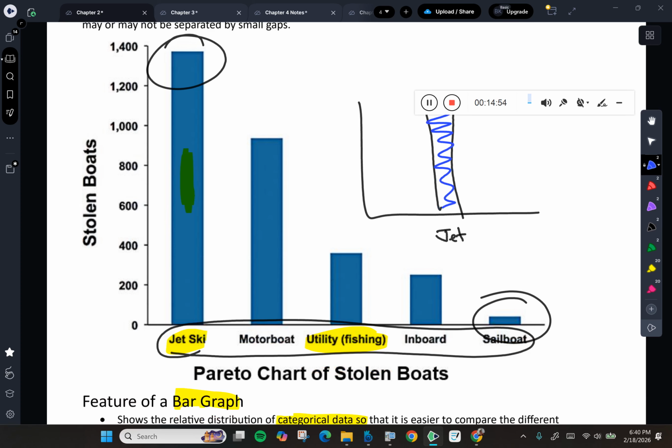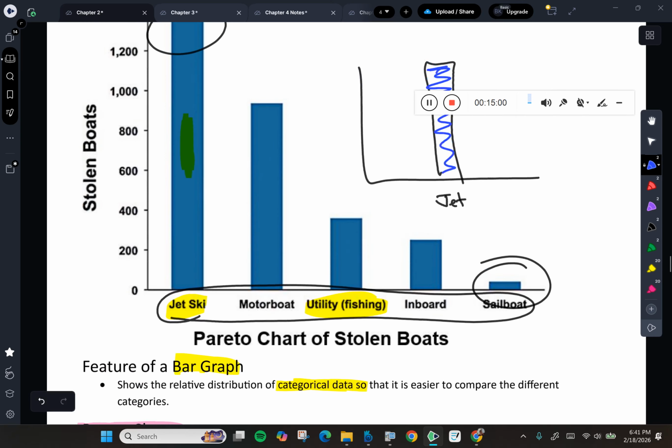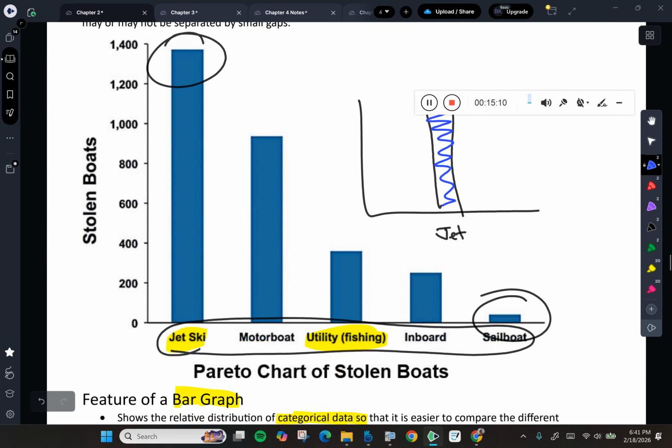So I'm not sure that I agree that it draws more attention to the important categories, but I will agree that it's a choice. It is a choice that one could make that orders the data from high to low. Not good, not bad, not better, not worse, just different.